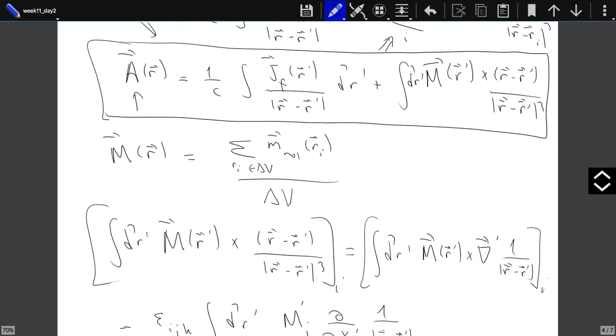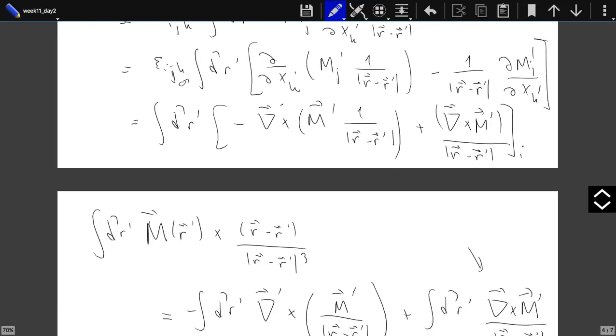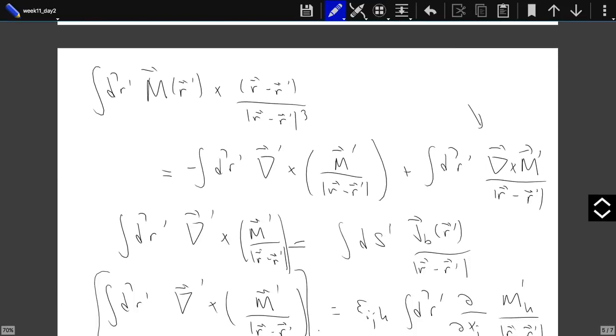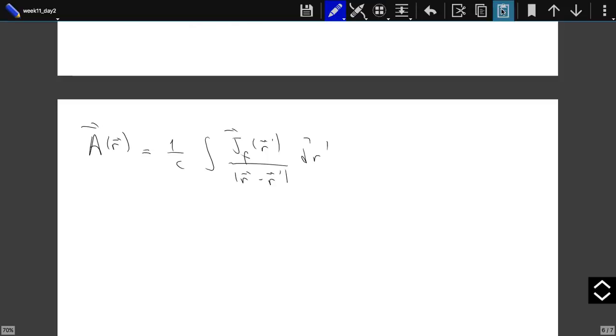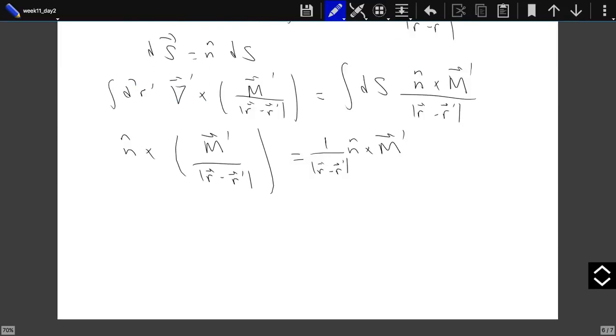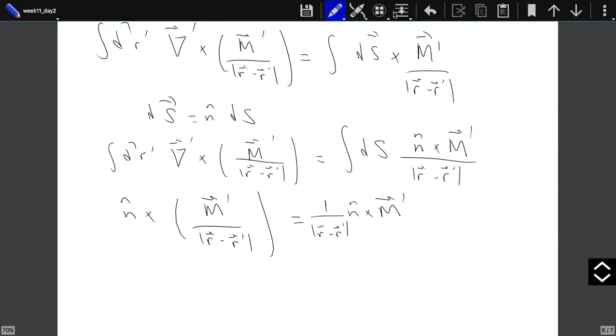And that magnetization of my system, we said, is to be separated into two parts. There is this one written as a volume integral, plus there is another part which we wrote as a surface integral. This is, of course, the closed surface. It's the boundary of my volume.